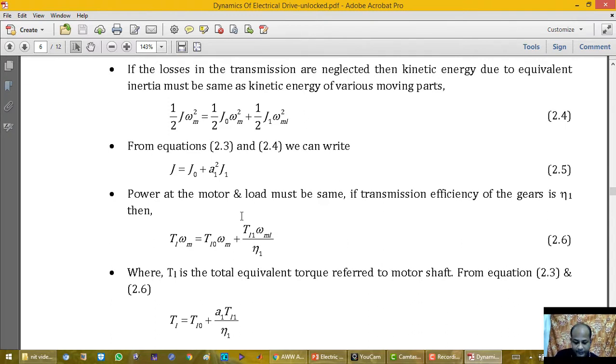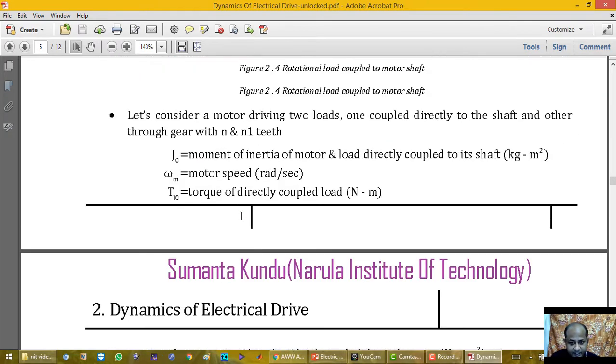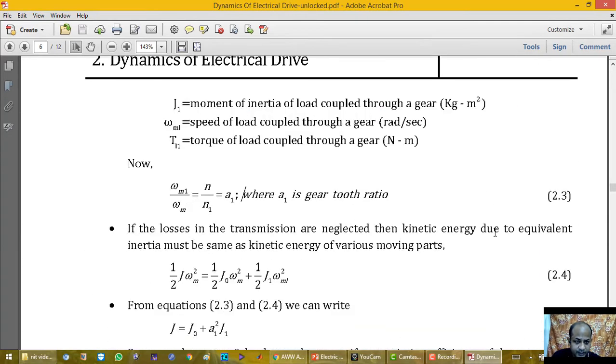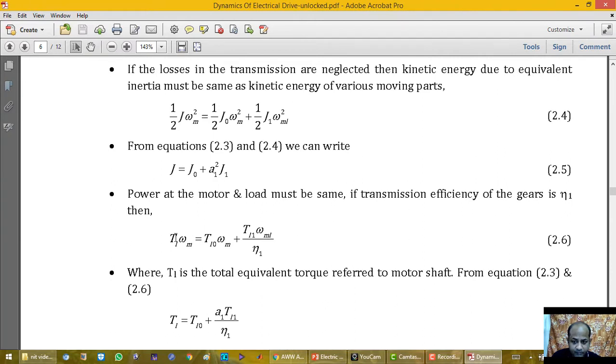Similarly, one thing we should keep in mind is that the power at the motor and the load must be the same. Now, if the transmission efficiency of the gear is taken as eta 1, what is my input power? My total input power is input torque into angular speed, that is T1 omega m.